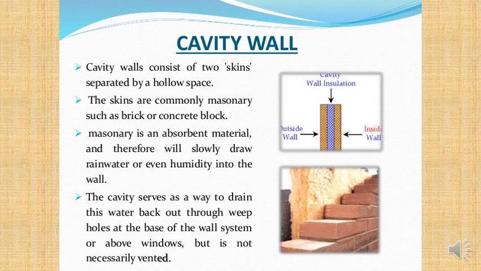And bat, B-A-T-T, not B-A-T, don't get confused. And this is basically a way that water can seep out of the wall. If one wall gets penetrated, it's going to fall out. And so it provides very good insulation.